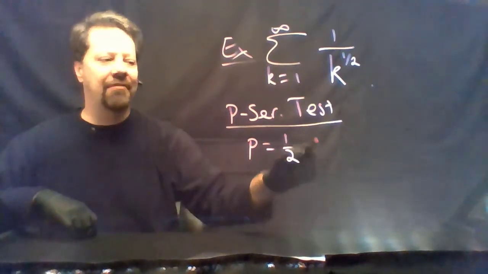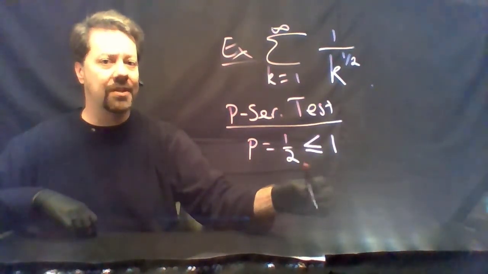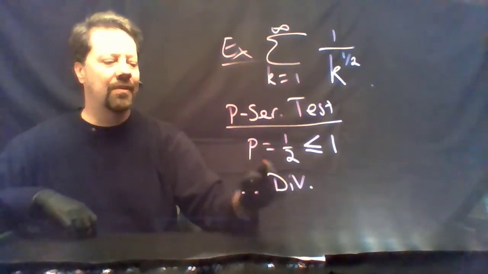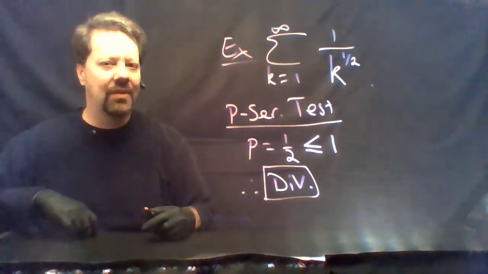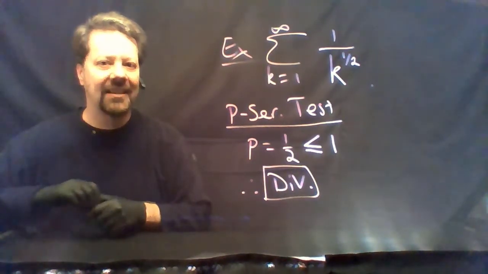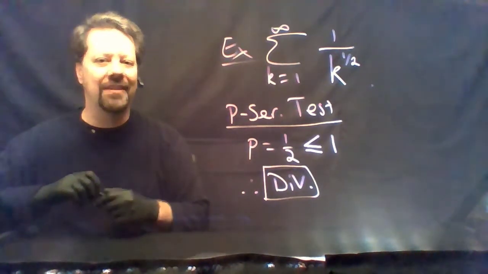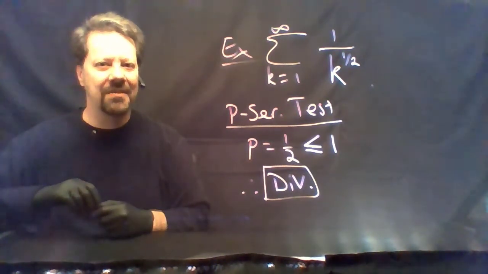P is 1/2, and that is less than or equal to 1. This is the divergence condition. And therefore, the series diverges. Less than or equal to. I want you to remember that. If it's strictly greater than 1, it converges. If it's less than or equal to 1, then it diverges.